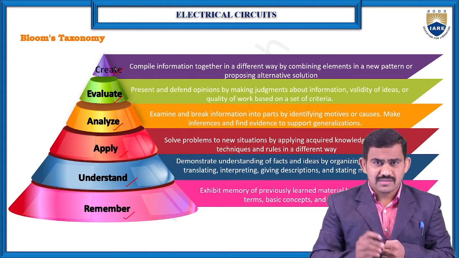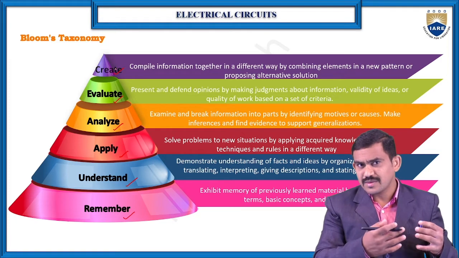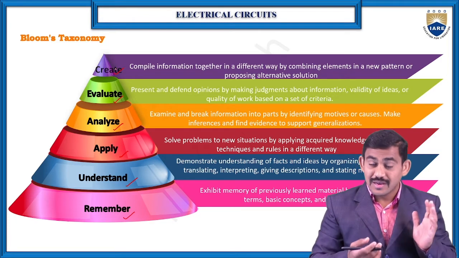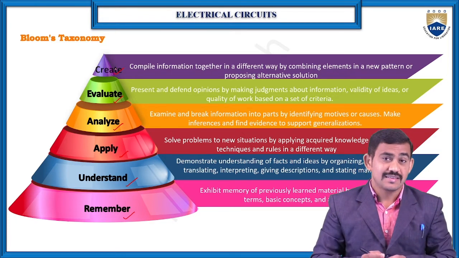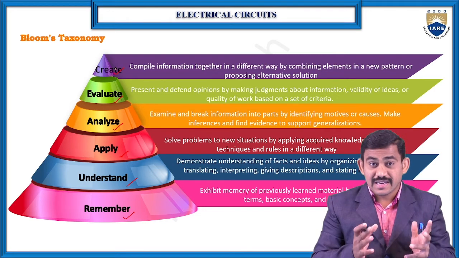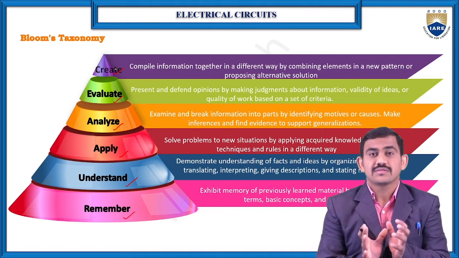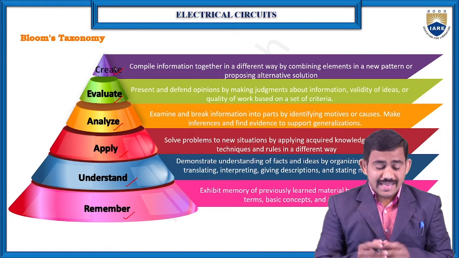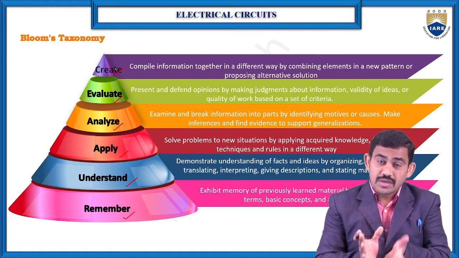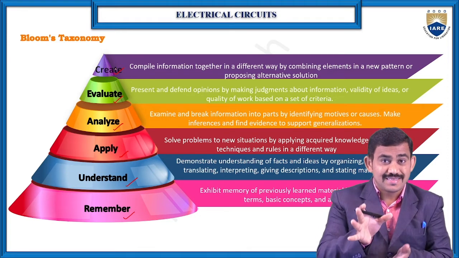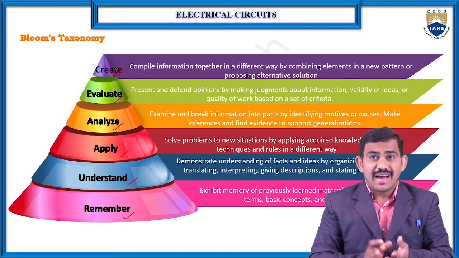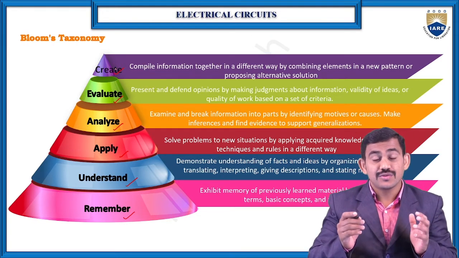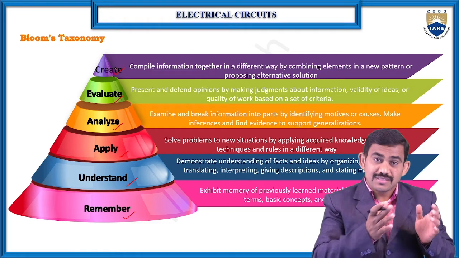Remember is recall: I want to recall the knowledge I already have. Understand: I need to understand some topic values and ideas. Apply: I need to solve those problems in different places and apply those values. Analyze means we need to examine different topics.